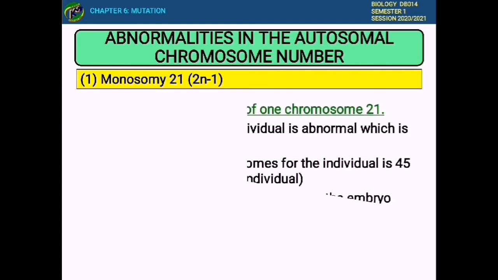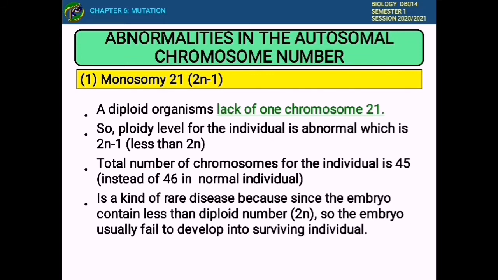Next, let's take a look at monosomy 21, where the condition is 2n minus 1. It is a diploid organism lacking one of chromosome number 21. The ploidy level for the individual is abnormal, which is 2n minus 1, less than 2n. The total number of chromosomes for the individual is 45, instead of 46 in a normal individual.